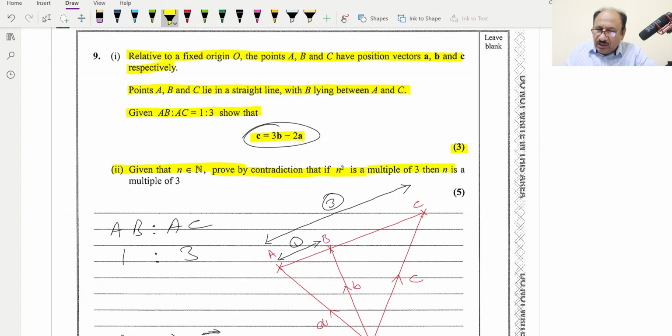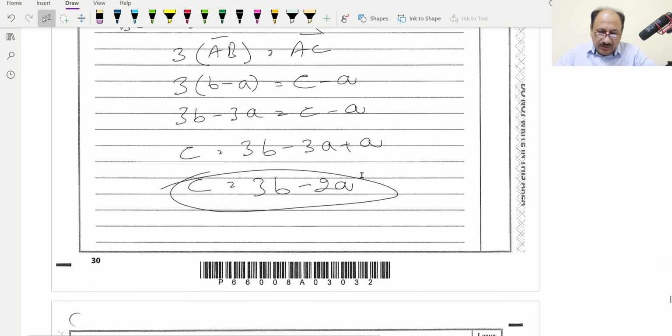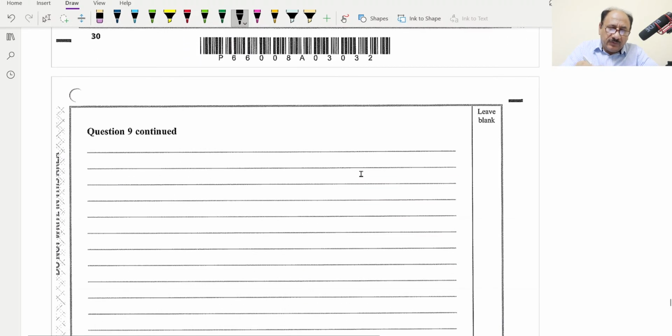Now the second part: given that n is from the set of natural numbers, prove by contradiction that if n square is a multiple of 3, then n is a multiple of 3. So we will suppose to the contrary. For the B part, we will suppose the contradiction.